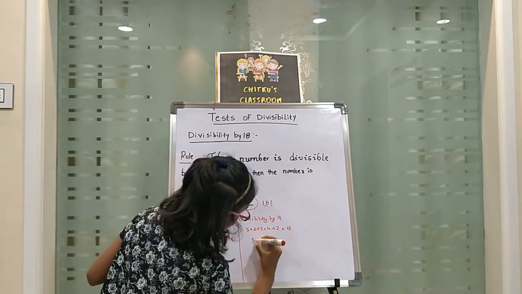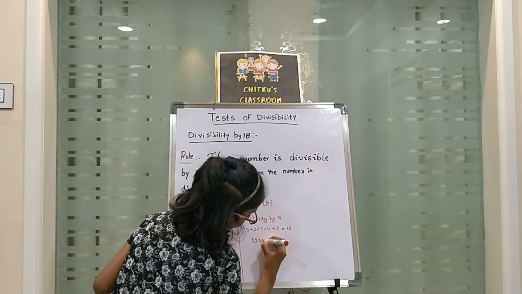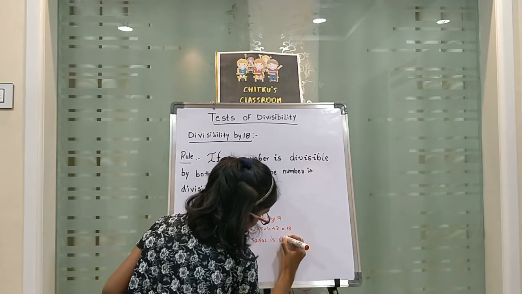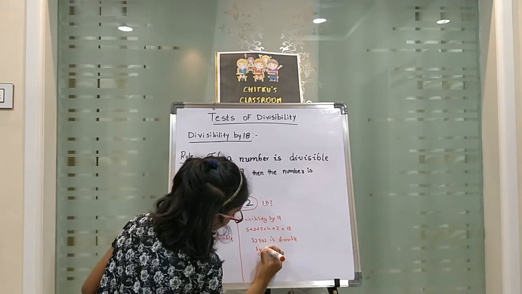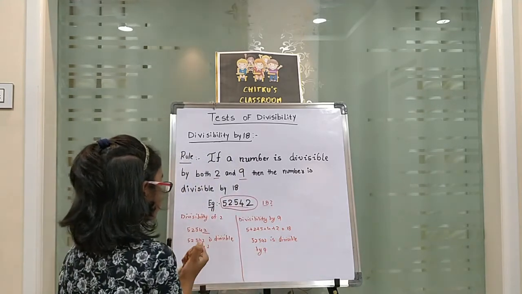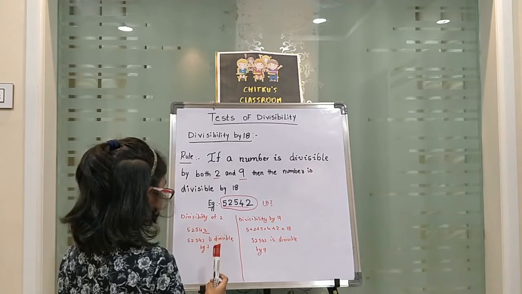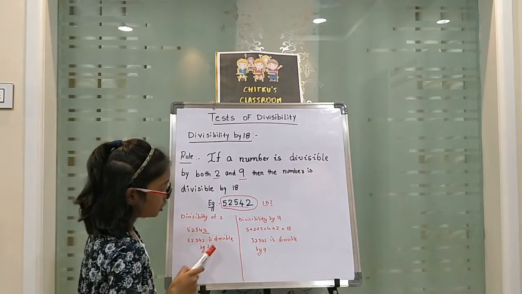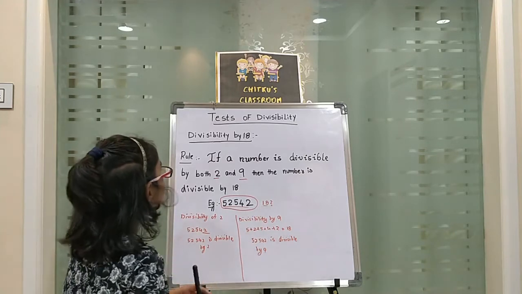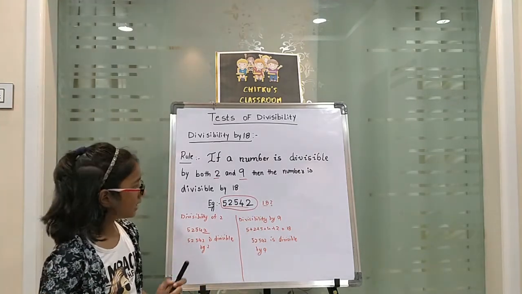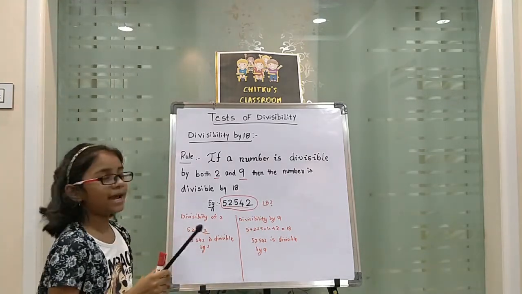So that means 52,542 is divisible by 9. So 52,542 is divisible by 2 and 9. So that means this number is divisible by 18. So that's how we recognize if this number is divisible by 18 or not.